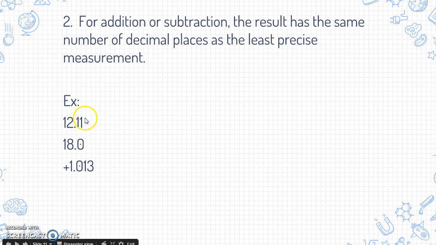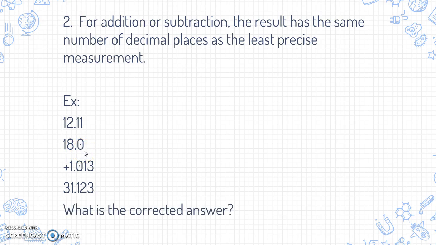This one has 2, this one has 1, this one has 3. Again, I'm looking at the number of places after the decimal point. If you do that on your calculator, you get 31.123. However, our answer is limited by this 1 place after the decimal point. So our corrected answer would be 31.1.